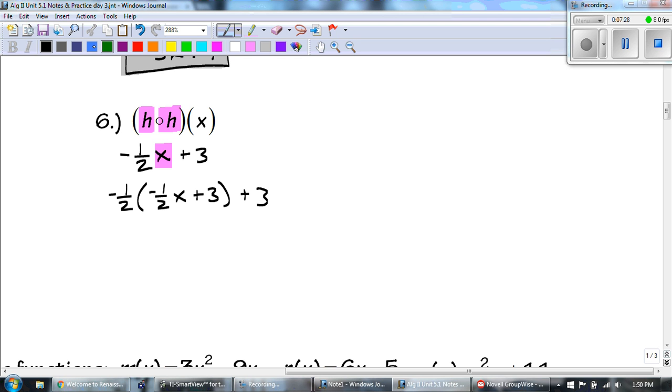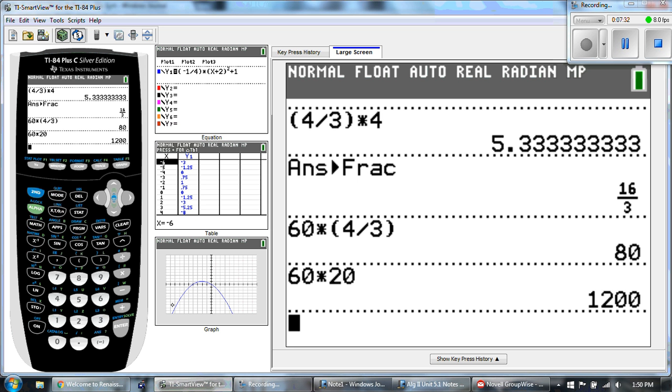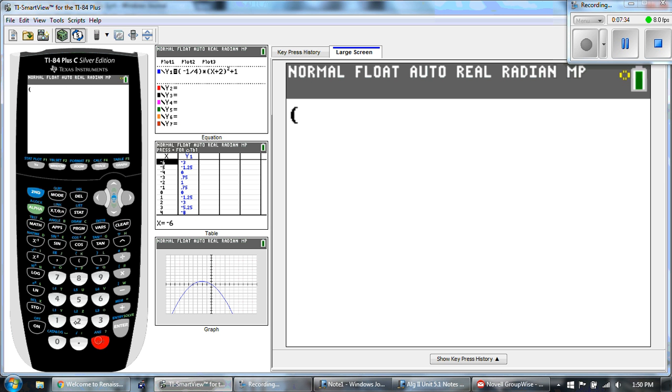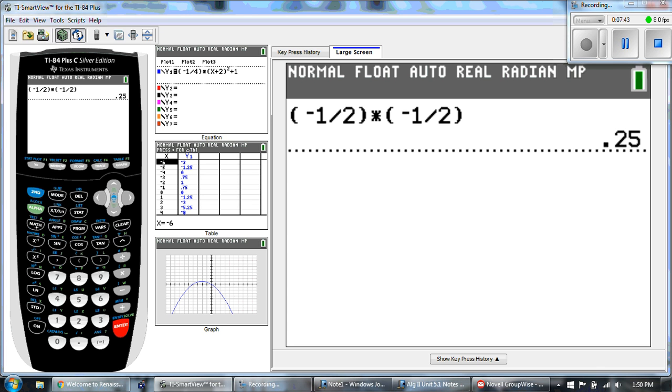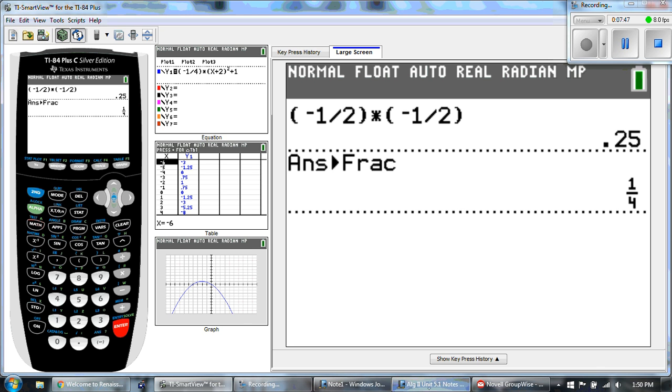Okay, so if you're substituting and you're not too good with fractions here, it's okay to take out your calculator. I have negative 1/2, I'm putting it in parentheses, times negative 1/2. And we want the fraction, so that's a positive 1/4.